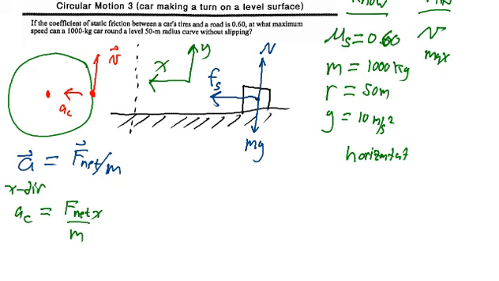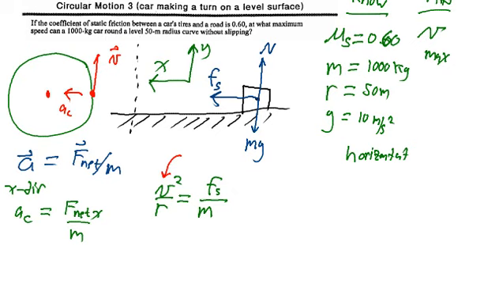The centripetal acceleration a sub c I can write as v squared over r, and then that would equal the net force in the x direction, which is only the static frictional force, as there are no other x forces that we see in this problem, divided by the mass. And my ultimate goal is to figure out what this velocity is, and that would be our target.